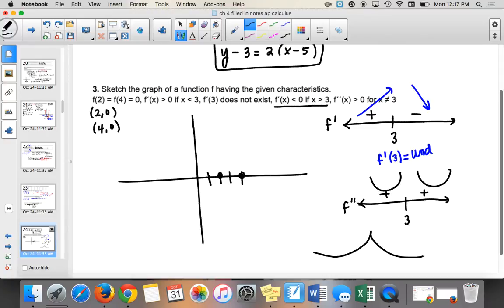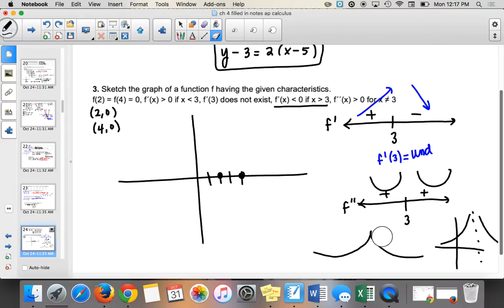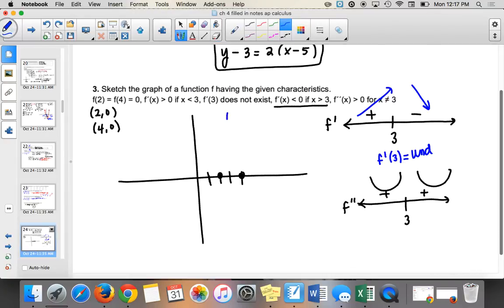Or it could be an asymptote at 3, where it's up, and then up. It doesn't matter which one you do. You can do either one. So let's say we make it an asymptote. Then it's going to be concave up and increasing, concave up, and you see how this is decreasing as I move from left to right? It's going downwards.